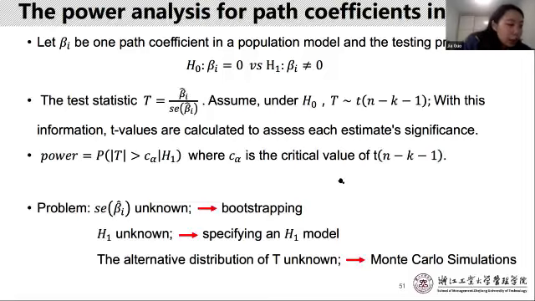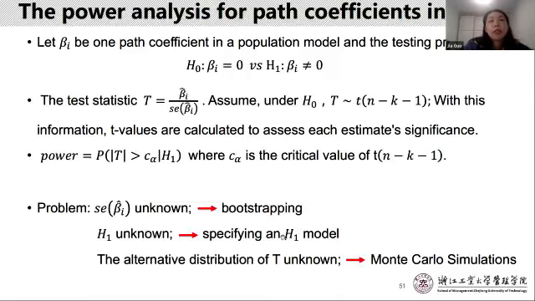So to conduct the power analysis, we have 3 problems to solve. The first problem is that the standard error of the beta i hat is unknown. We can use bootstrapping to solve this problem. The standard errors can be estimated with 500 bootstrapping replications. The second problem is that the alternative hypothesis is unknown.